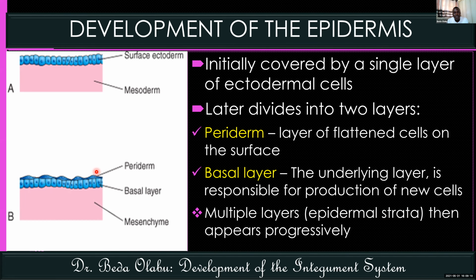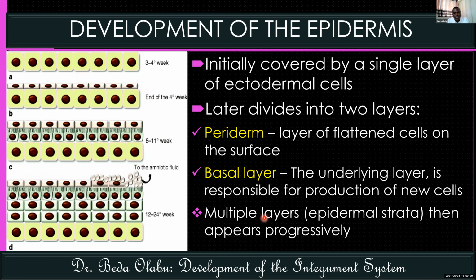So as time goes by, we will not just have two layers, but multiple layers of the epidermis, according to those different strata that we talked about. So that happens progressively. Initially, you just had one layer, then two layers, then we develop several layers.